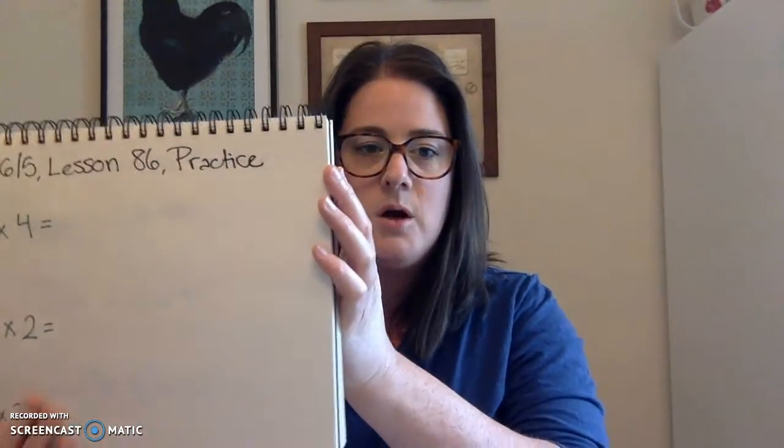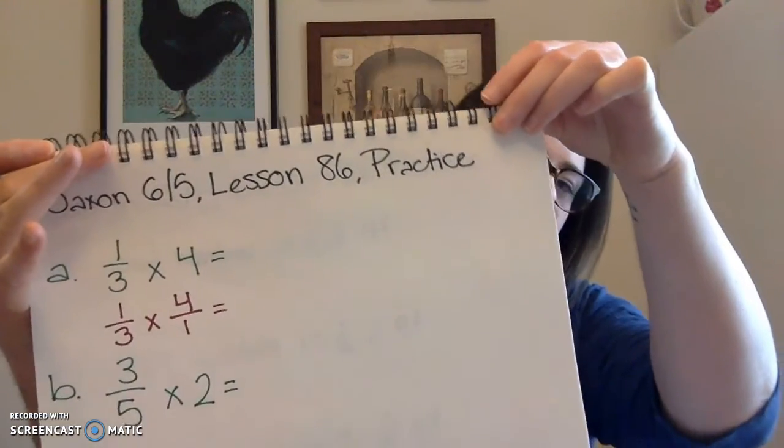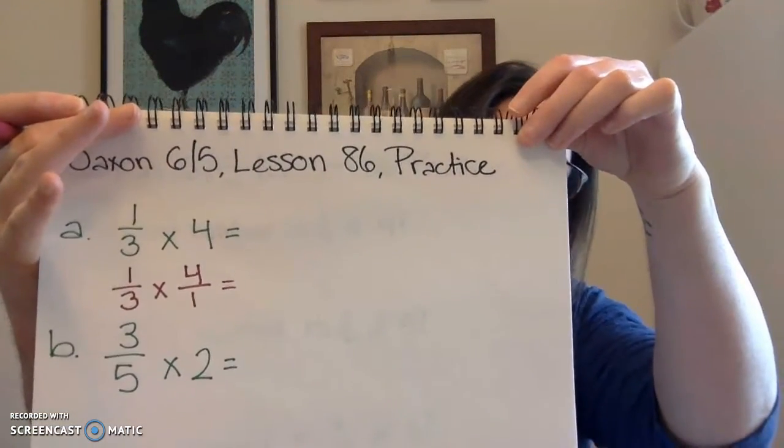Practice A asks us 1/3 times 4. If I want to multiply 1/3 and 4, I'm going to keep 1/3 just as it is, and I'm going to turn 4 into a fraction by putting it over 1. So my problem becomes 1/3 times 4 over 1.